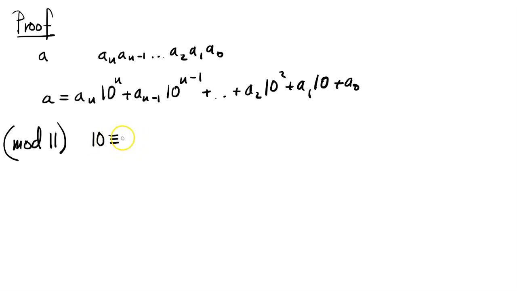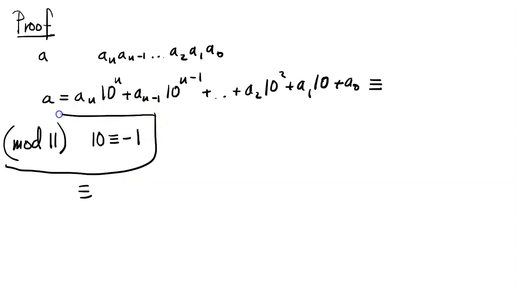So 10 is congruent with minus 1. And why is that? Because 10 minus minus 1, that's 11. And 11 is divisible by 11. So these are separated by a multiple of 11. So that means that if we calculate now in modulo 11, we can exchange all the 10s with minus 1.